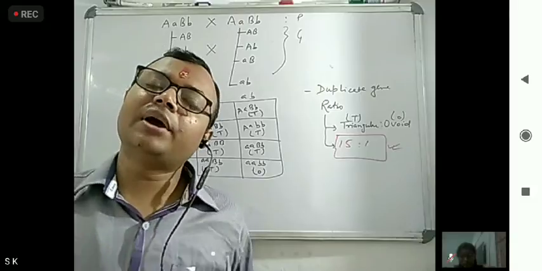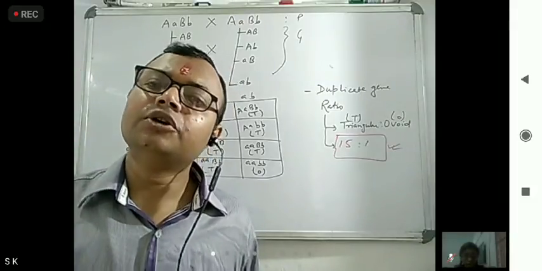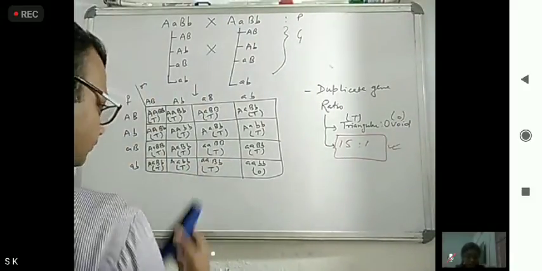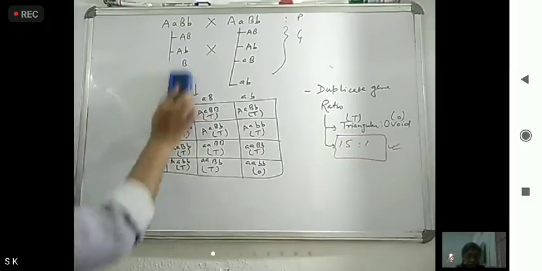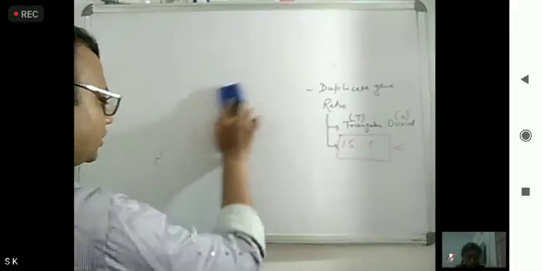Now, next we have to come on quantitative inheritance, or that is known as polygenic inheritance. Come on that. Ratio and example you have to remember. This is very, very important for your medical exam purpose.